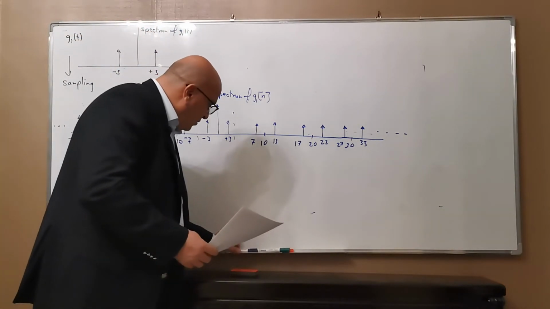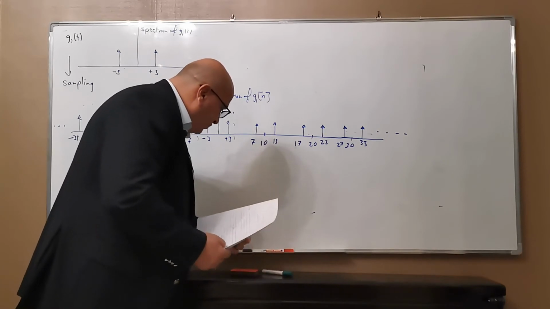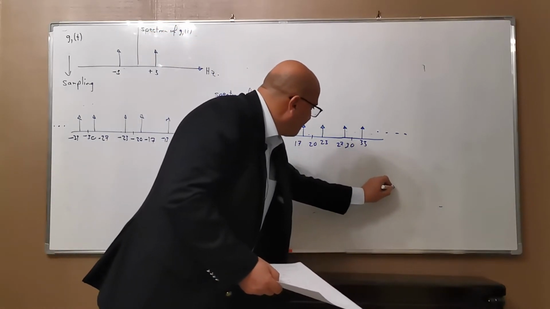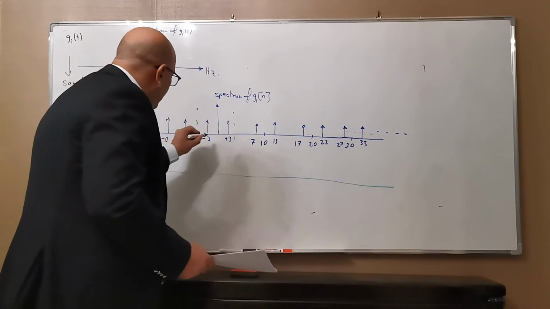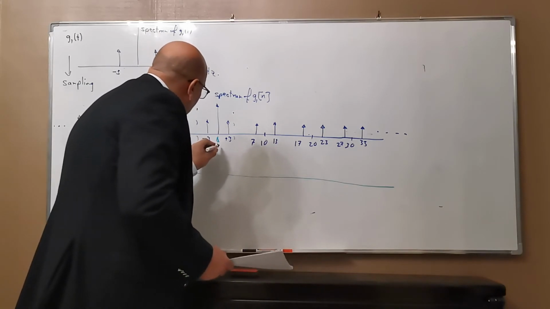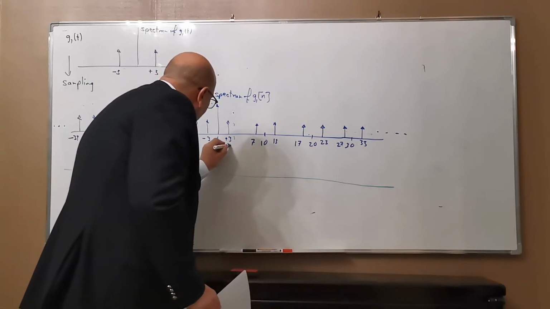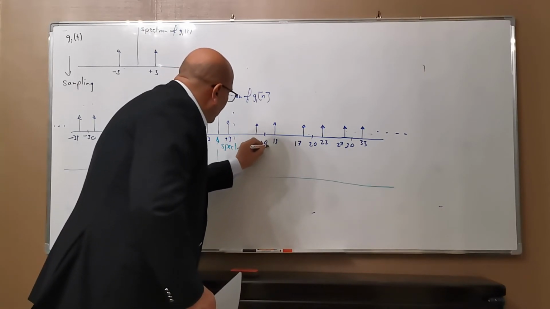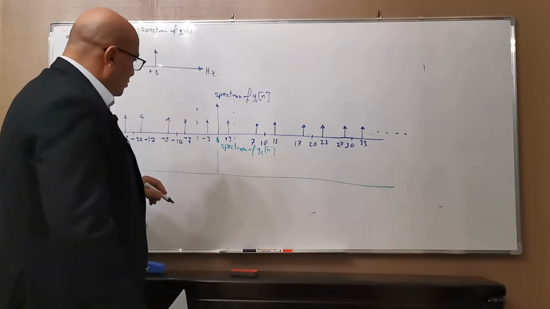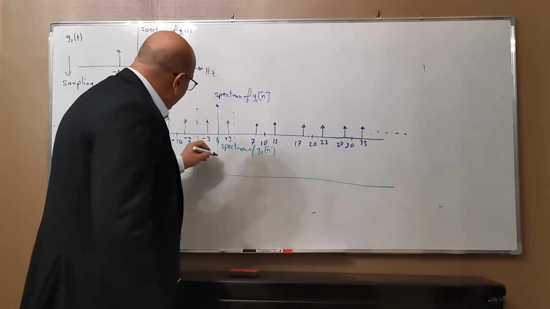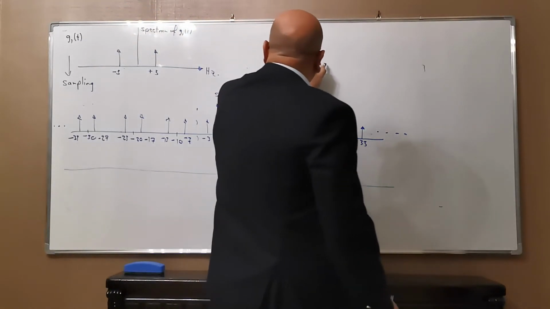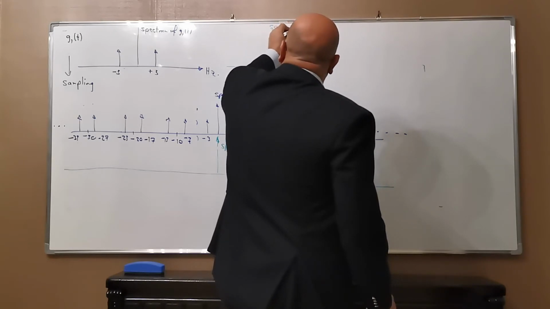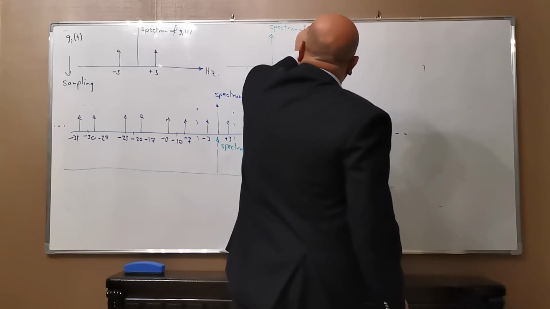Let's see the spectrum of G2. I'm going to draw the spectrum of G2 of n. We will have the original spectrum of G2 here. This is the spectrum of G2 of t.